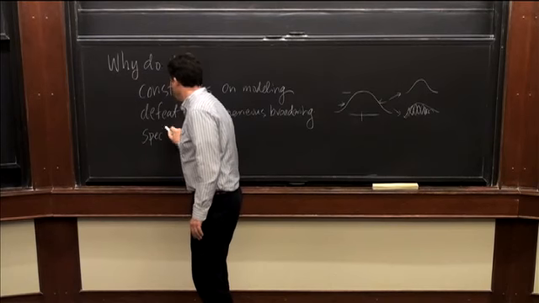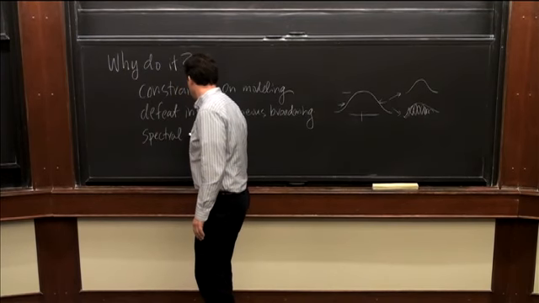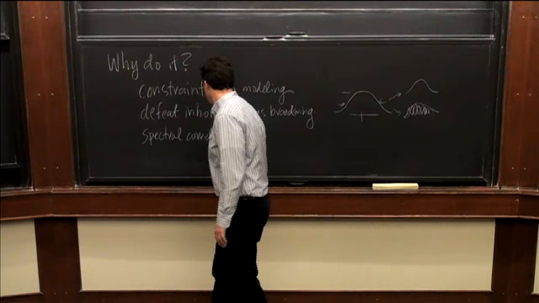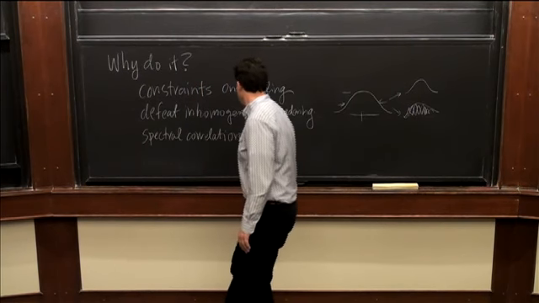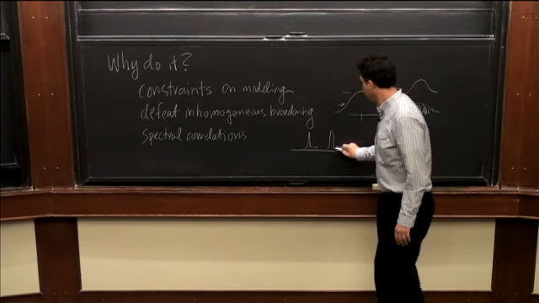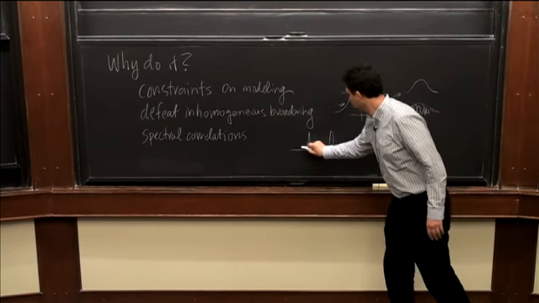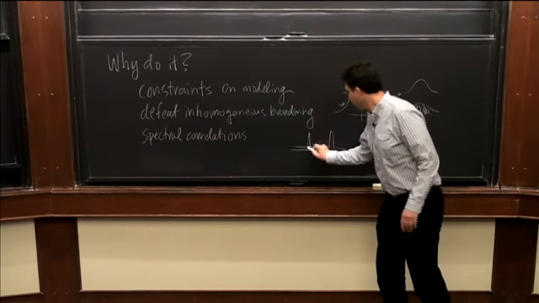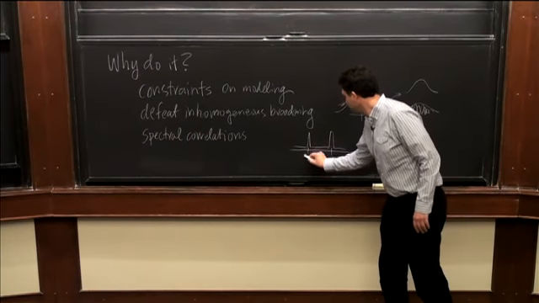It also may be things about trying to establish spectral correlations. So there the question is, imagine I've got a spectrum that's got two resonances in it. And you go in with little or no knowledge.